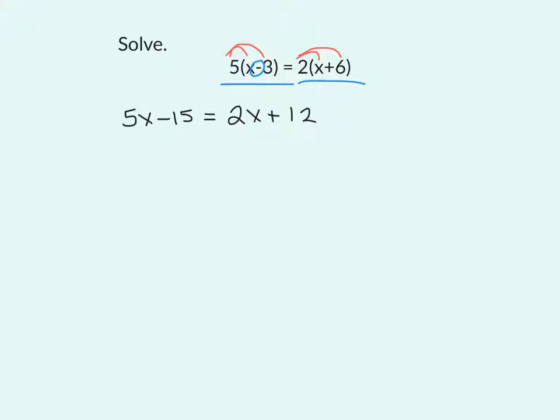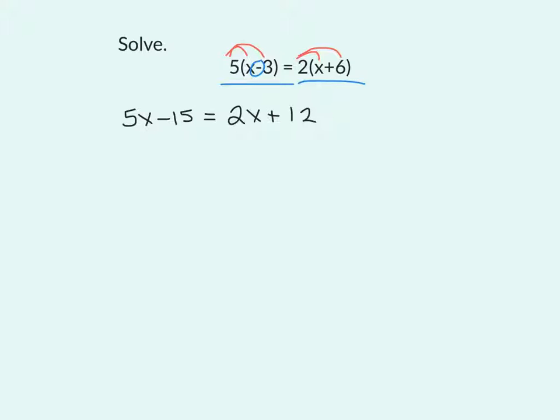Now I need to move all the values that have an x in it to the left side and all the constant values, or just plain numbers, to the right side. So first I'm going to move the 2x to the left side.